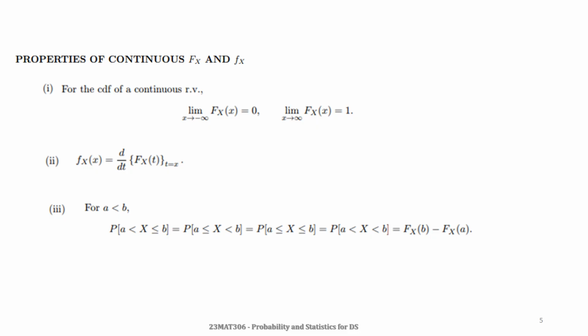And whenever a is less than b and we have to find the probability of a < X < b, a < X ≤ b, a ≤ X < b, or a ≤ X ≤ b, all these can be found out by the difference of F_X(b) and F_X(a) from the continuous cumulative distribution function F_X.